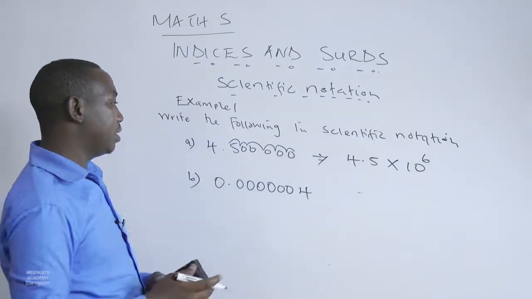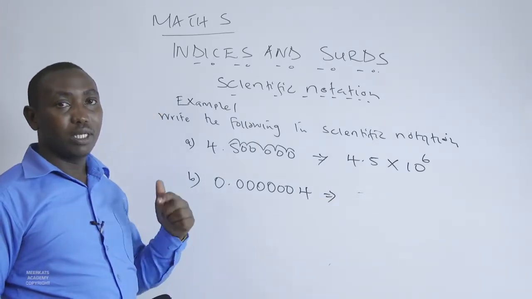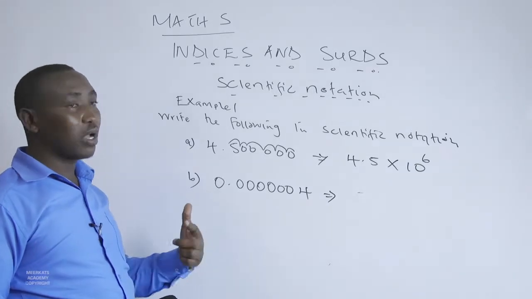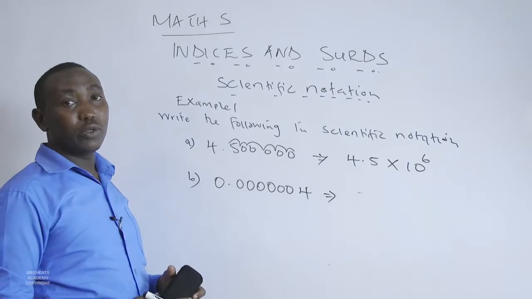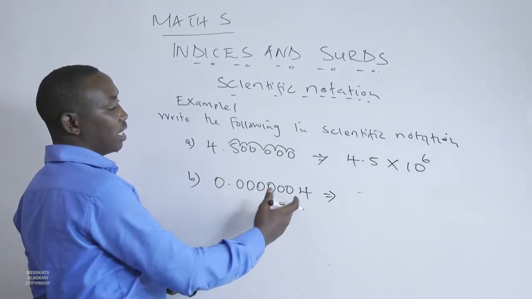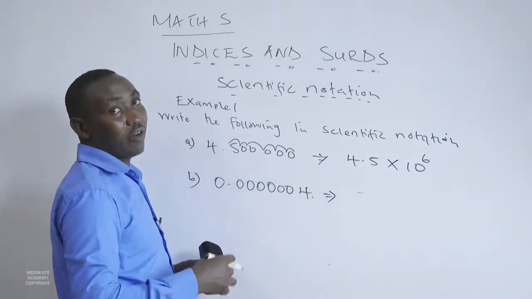For this other case, we have a very small number. Whenever we are writing powers for very small numbers, we are going to have negative powers. Now again, for you to reach the first non-zero, all these are zeros except the last one. So the decimal point should come after it.